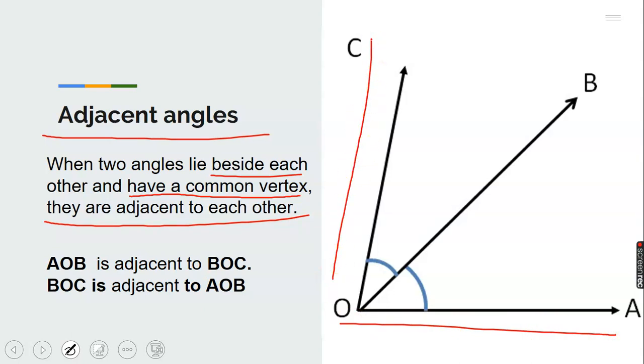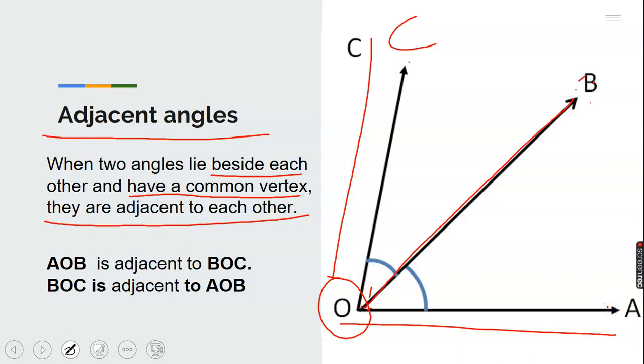In between, we have line OB. O is the common vertex that they share. AOB is adjacent to BOC. BOC is adjacent to BOA.